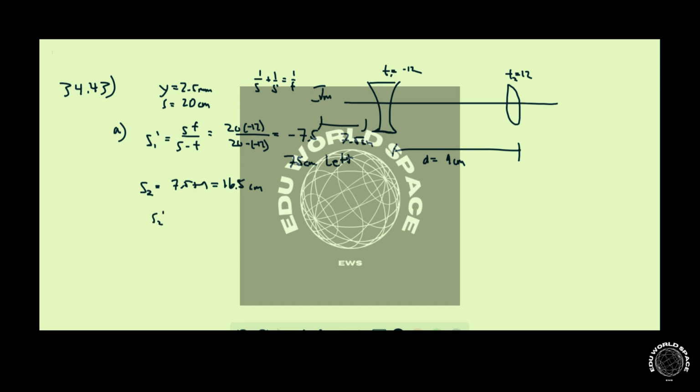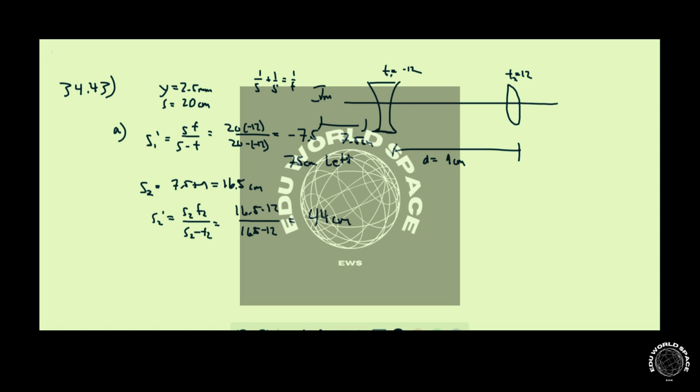Again, we can plug into our thin lens equation, and what we get is 16.5 times 12 over 16.5 minus 12. We can plug that into our calculator, and we should see this comes out to being 44 centimeters. This is positive, so that means it's to the right of the second lens.